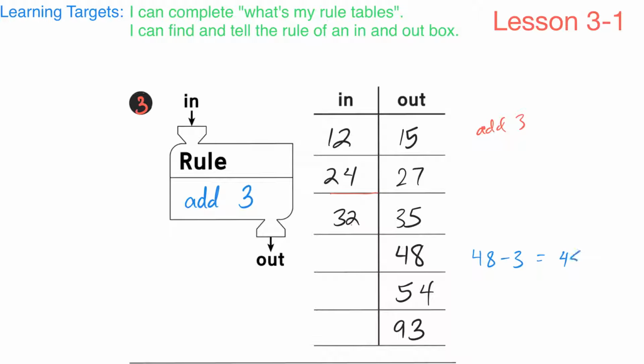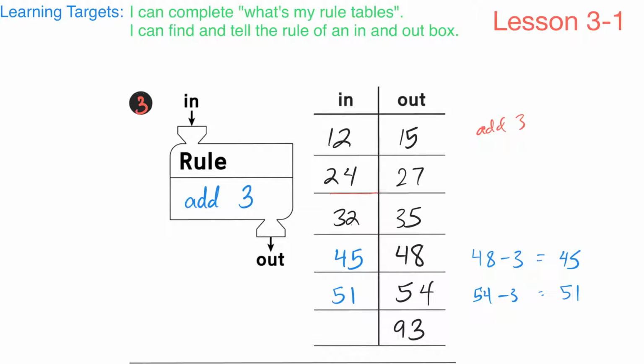I'm going to record that number here. I'm going to do the same with 54. Even though my rule is add 3, I'm starting with the out and going in reverse order, see? So I'm going with the out number here. I'm going in reverse order through the in and out box, so I have to do the opposite. So 54 minus 3 is 51.